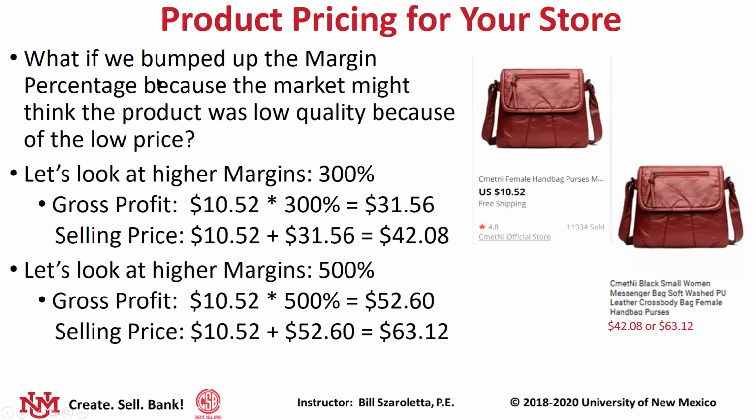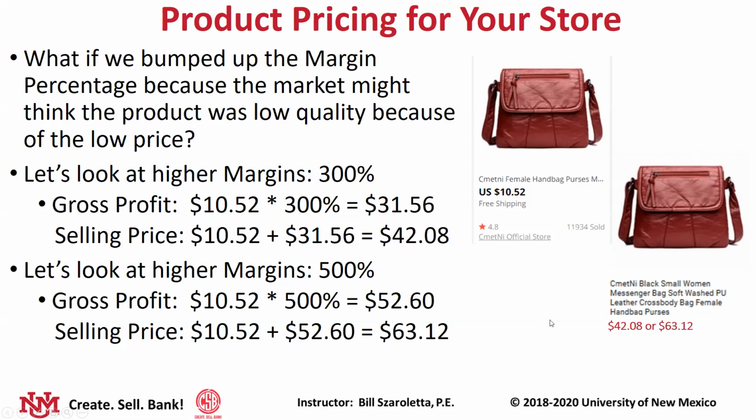Now, what if we bumped up the margin? What if it was 300%? Well, at that point, your gross profit would be $31.56, and the selling price would be $42.08. And what if you wanted 500%? Well, your gross profit would be $52.60, which is 500% times $10.52, and the selling price would be the $10.52 plus this $52.60, or $63.12.